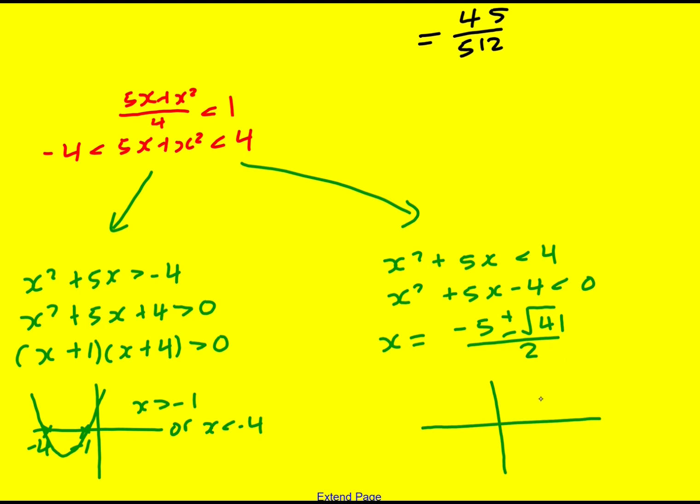So now if we draw this out, if we minus it, we're definitely going to get a negative: minus 5 minus root 41 over 2. If I add it on, then root 41 is bigger than root 25, so we're going to get a positive here: minus 5 plus root 41 over 2. And therefore, it's going to be between these two values.